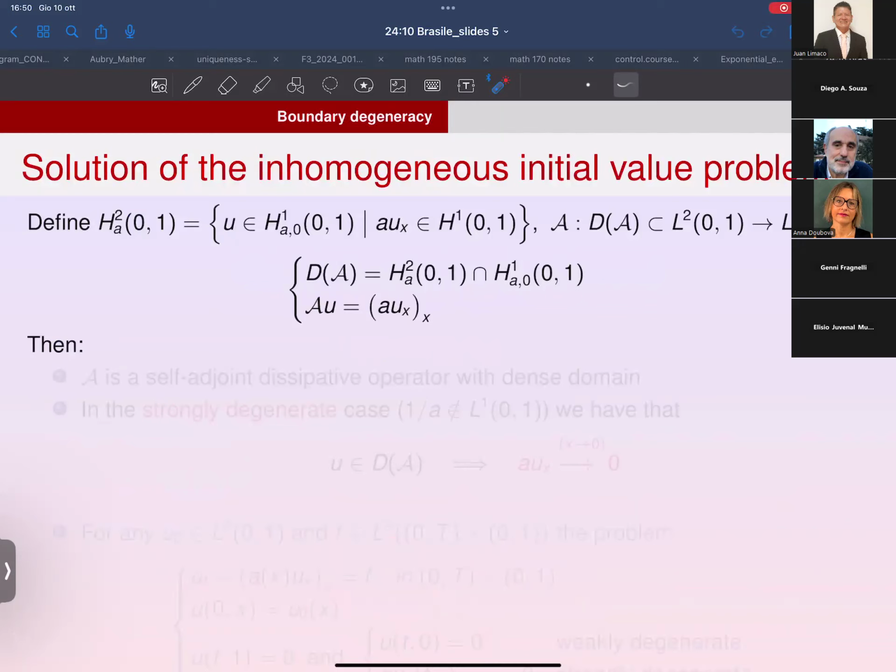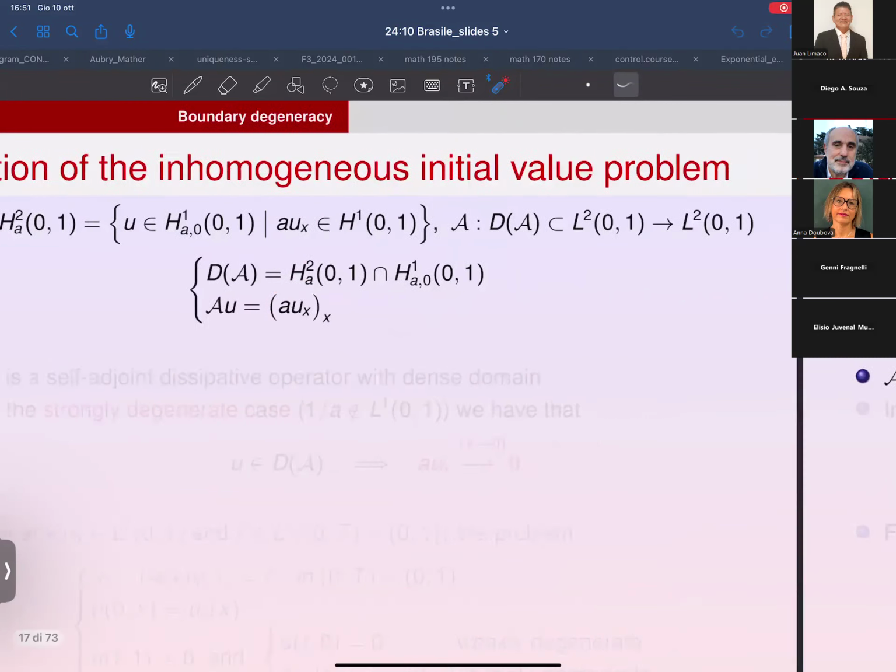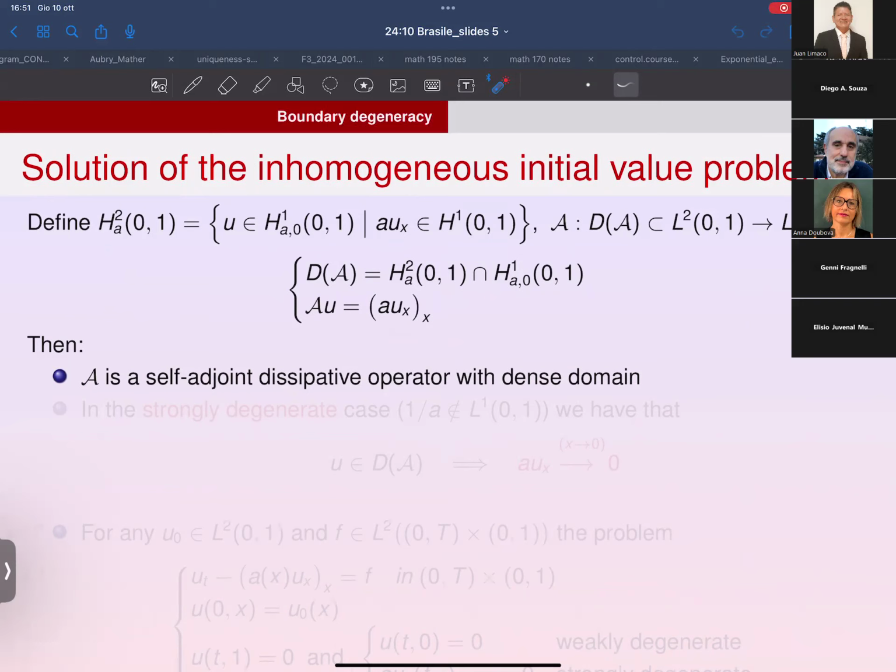Nevertheless, you can introduce an unbounded operator in L2, having for domain the functions of bounded energy for which the term A times the derivative is itself in H1, as a distributional derivative, which is square summable. In this case, you define A just like the divergence of this term.